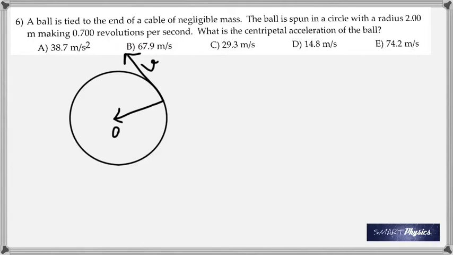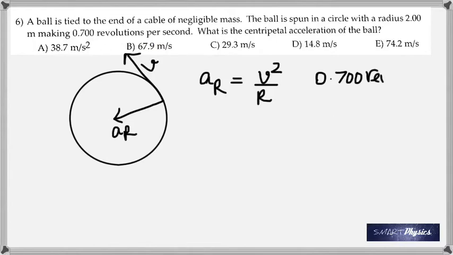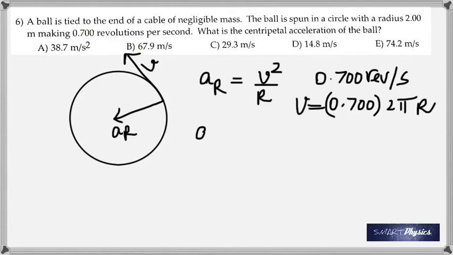Okay, so velocity is along the tangent, and the centripetal acceleration is given by v squared by r. And that's why I was saying that you need to find out the velocity, because what's given is not the velocity. And 0.7 revolutions per second is 0.7 times the circumference, which is 2 pi times the radius.